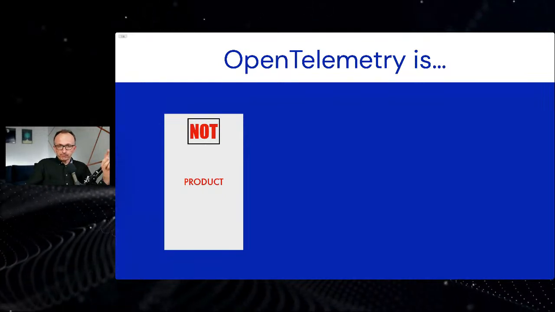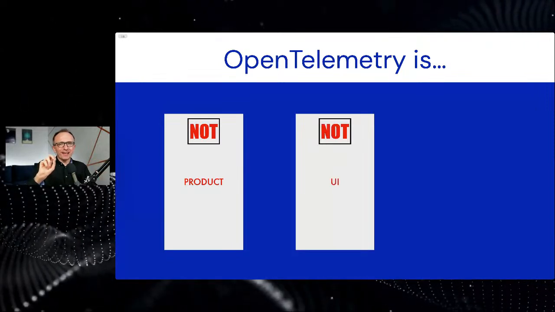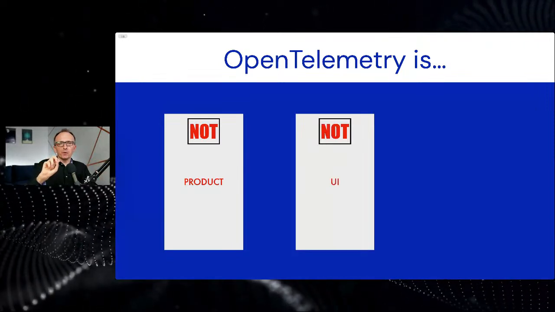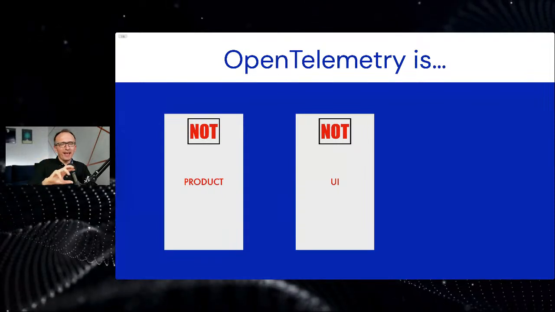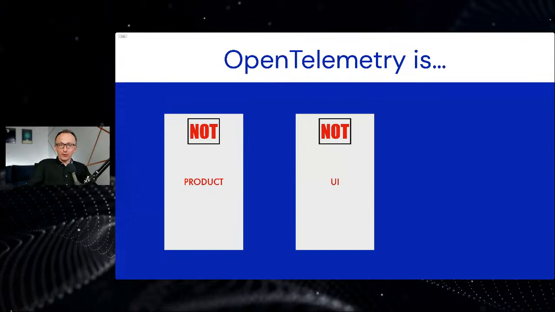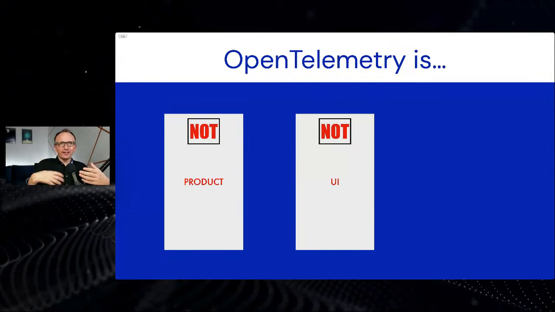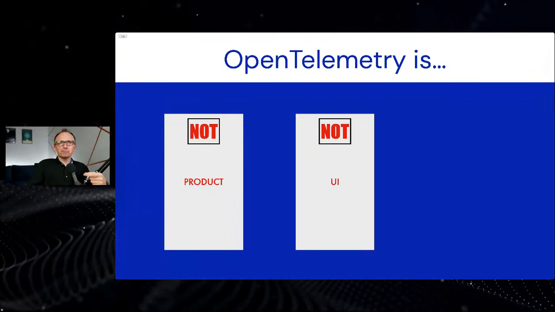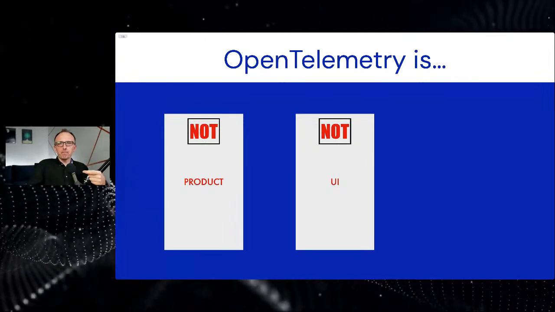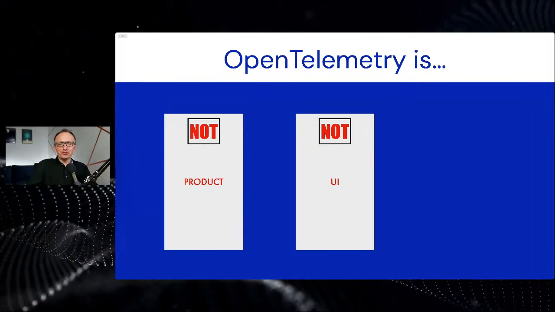So it's not a product, and it doesn't have any user interface, any web interface whatsoever. Unfortunately, if you want a really nice interface for browsing your data, you need something else.